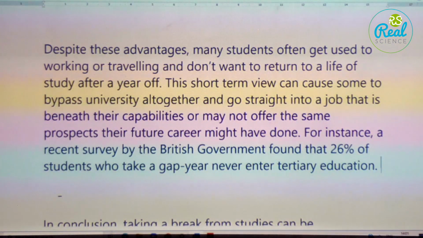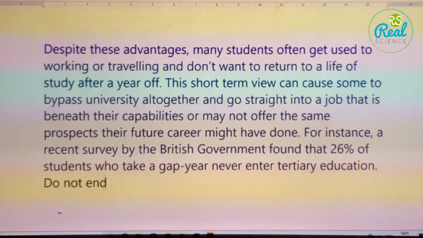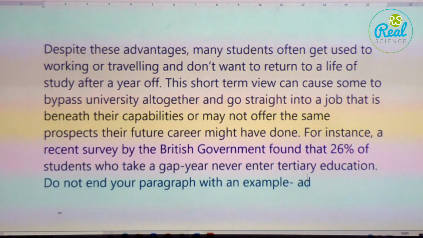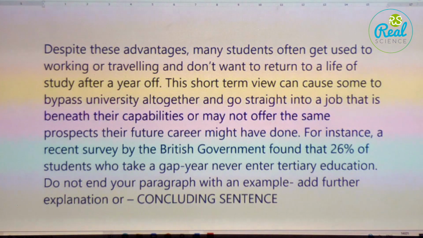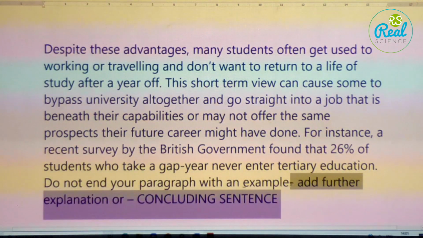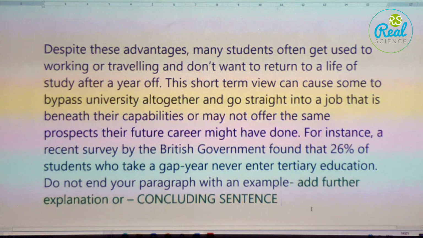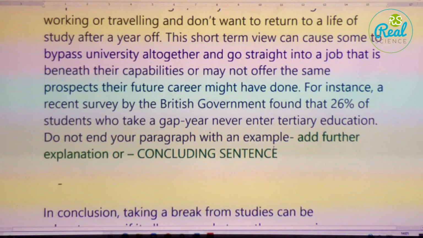After the example, do not end your paragraph with an example. I didn't understand the moment where it's written "some to bypass university." What about the linking words again?